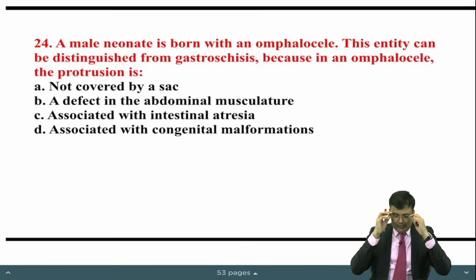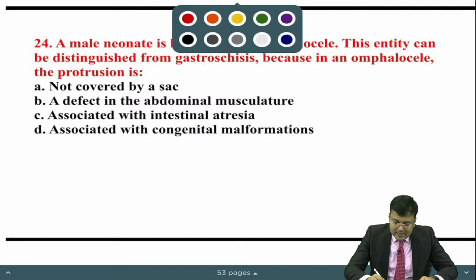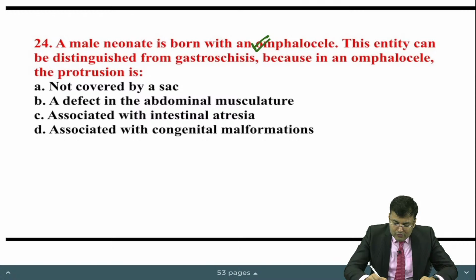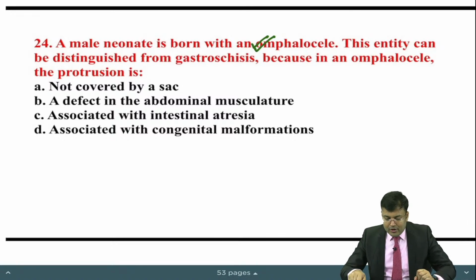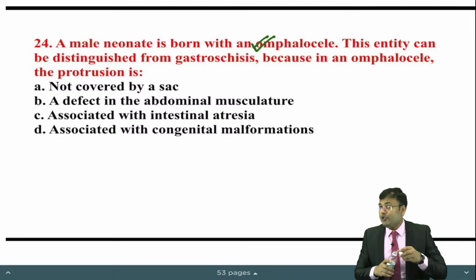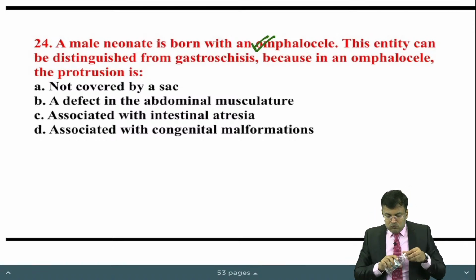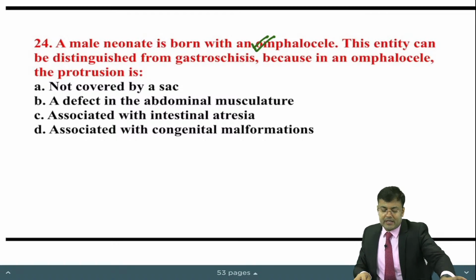Now question number 24. A male neonate is born with an omphalocele. This entity can be distinguished from gastroschisis because in an omphalocele the protrusion is, I am waiting for your reply, tell me which one is correct. Which option is correct?